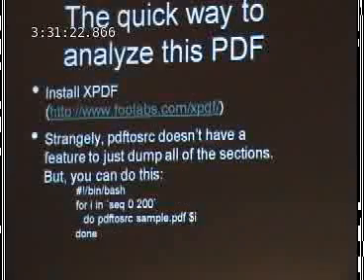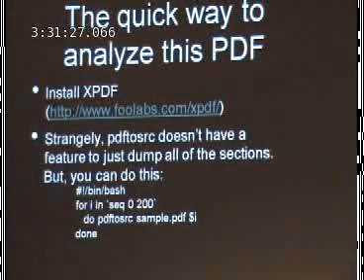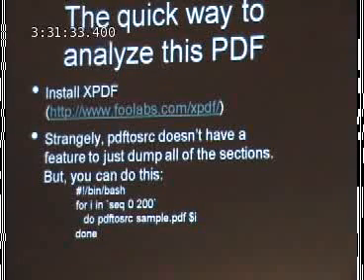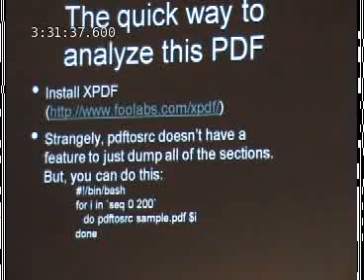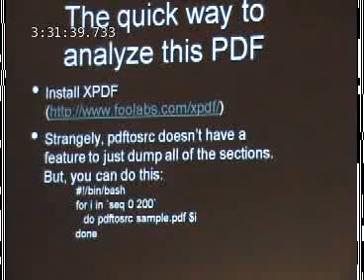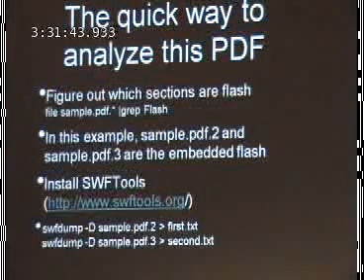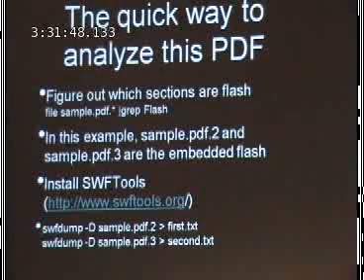The really quick way, if you want to analyze the PDF, is to install XPDF, and there's a tool that comes with it called pdftosrc that lets you dump each of those little sections out of the PDF. Strangely, it doesn't do all the sections at once. It just does them one at a time, so you can do something like that, and then figure out which one is the Flash file.